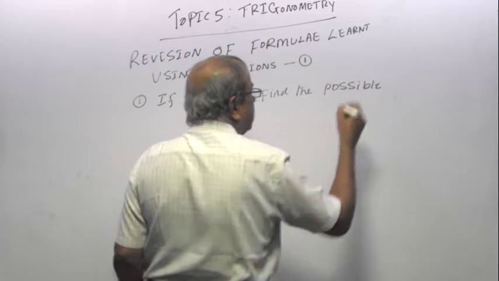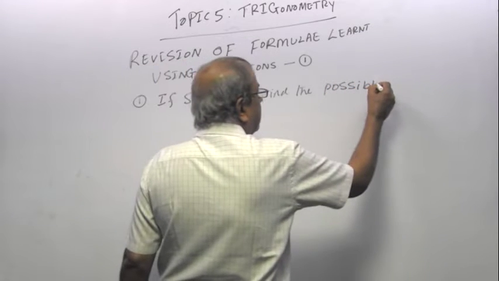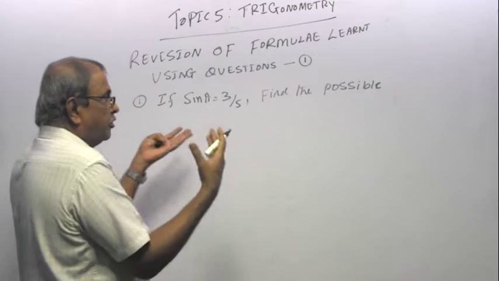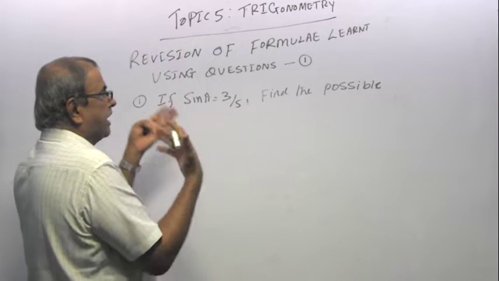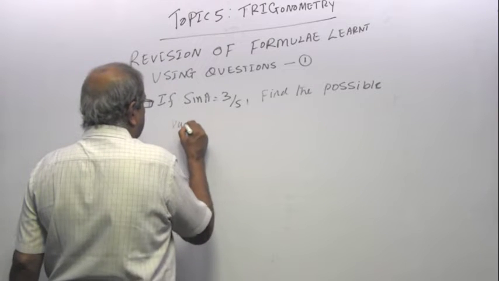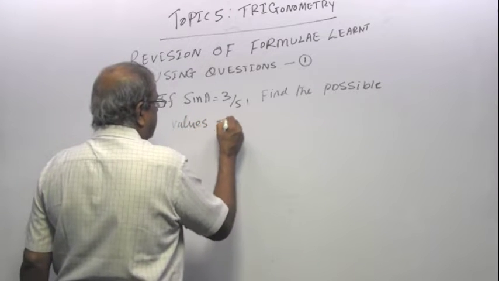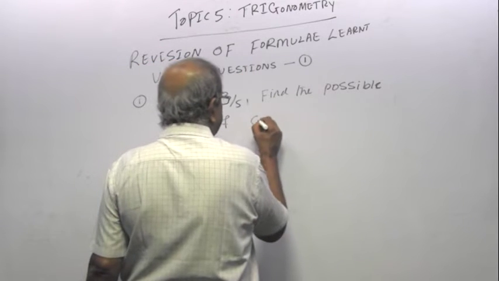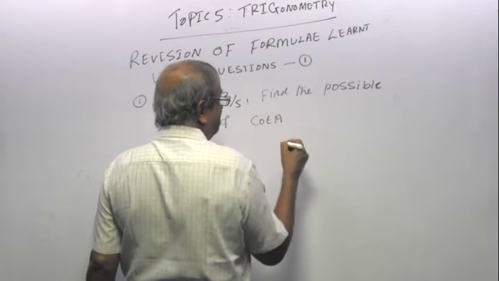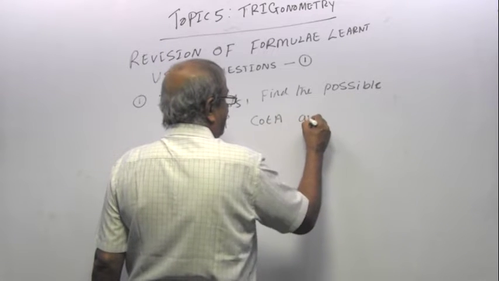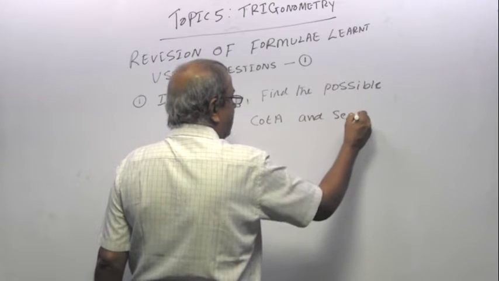See, each question on its own may not be much importance, but the concept behind will be useful as you tackle questions from your textbooks, from past papers and so on. Find the possible values of cot A and sec A. I could have given tan and cos. I just made it a bit more complicated.